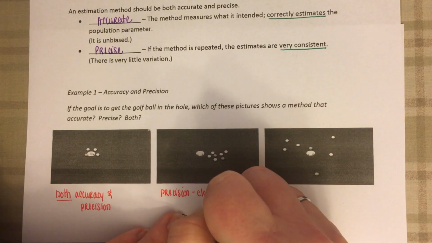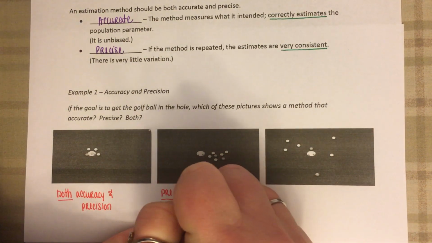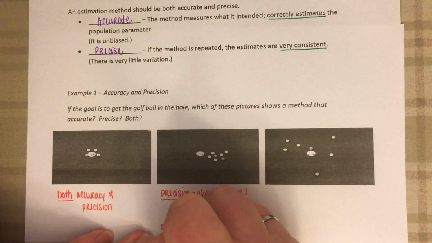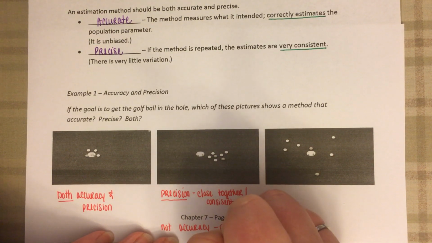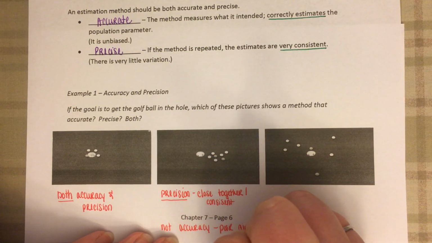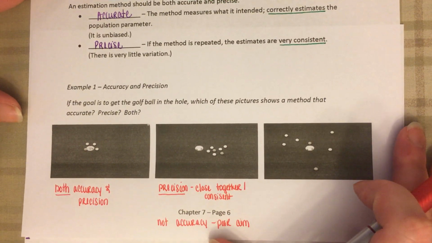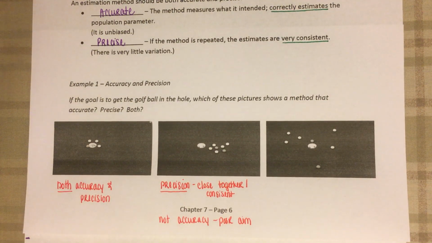It is consistent, but not a good example of accuracy. This shows poor aim. So we do have precision because they are close together. Our results are consistent. However, they are not accurate.